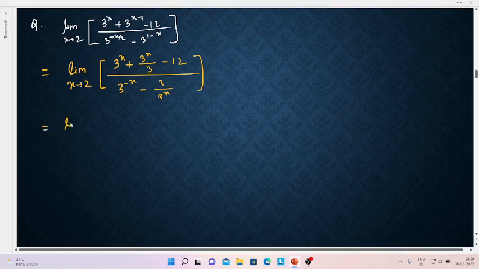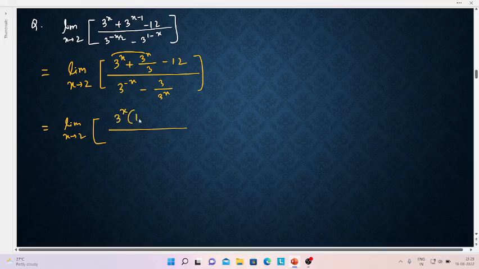So limit x tending to 2 is there. So what about the numerator? Can you tell me? Suppose if I take common 3 to the power x from these two parts, then that will become 3 to the power x times 1 plus 1 upon 3, minus 12.